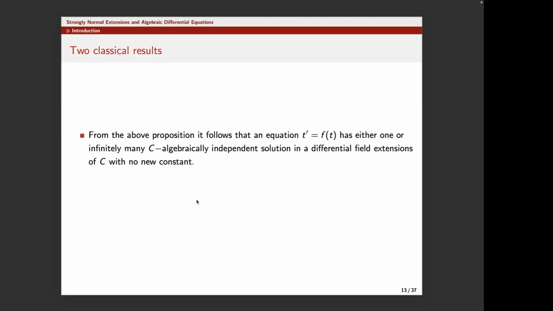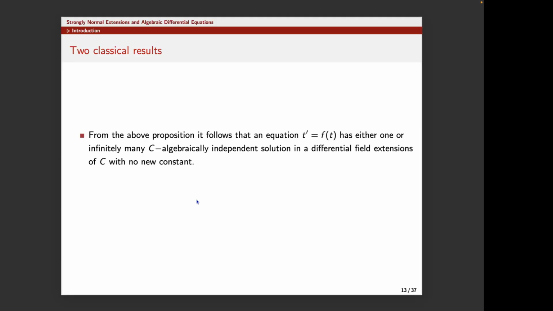So if f is either a derivative or a logarithmic derivative of an element in C(t), then it's very easy to see that it has only one algebraically independent solution, as in that case, C(t) contains an element whose derivative is either 1 or z' = cz.